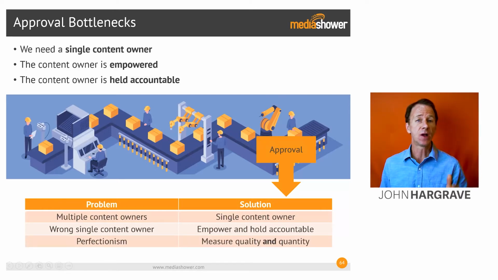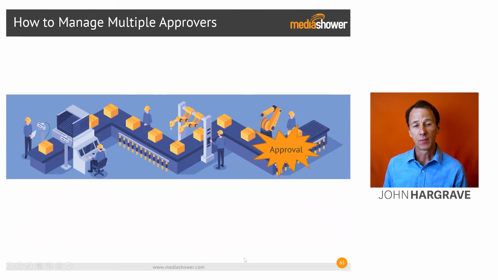And sometimes, often, we see perfectionism as the culprit, where people feel that nothing's ever good enough and therefore nothing ever gets done. So we have to measure both the quality and the quantity of the content. It does us no good to get one piece out each month because you're not going to communicate very well with a cadence of one blog post per month.